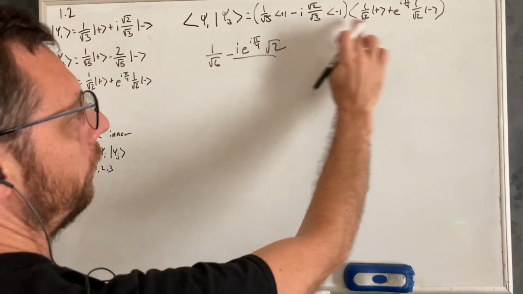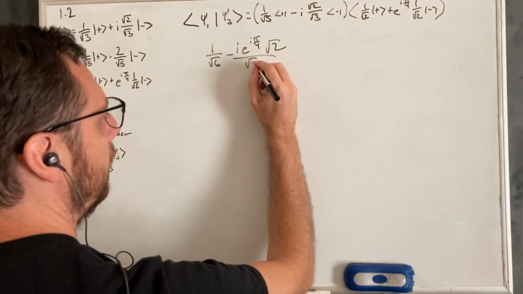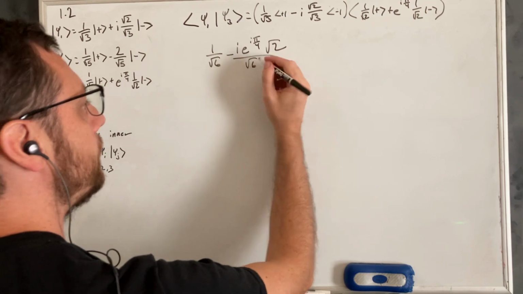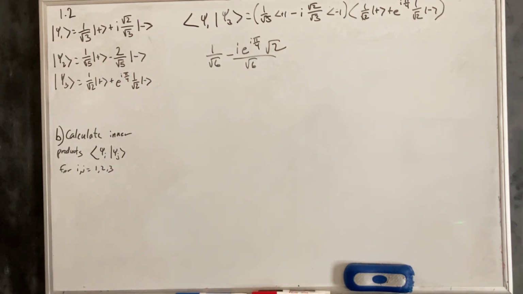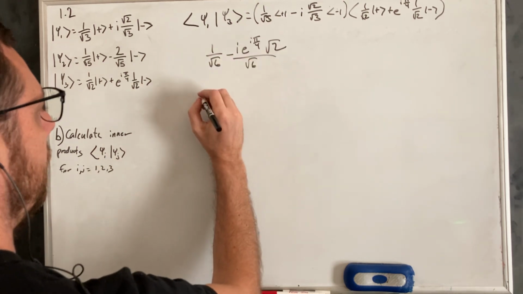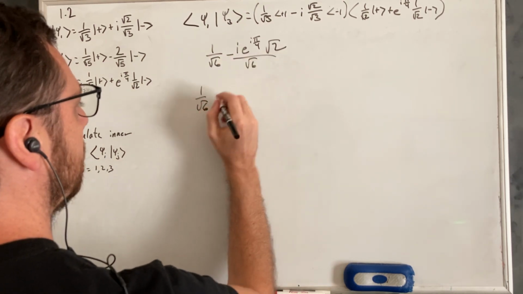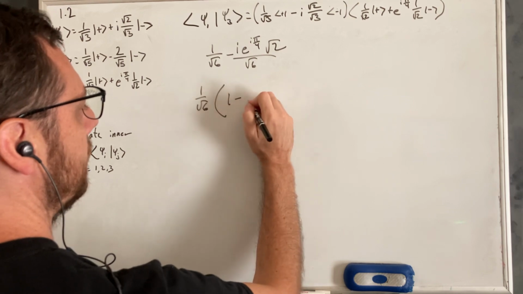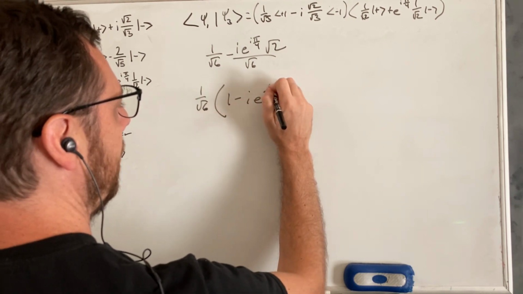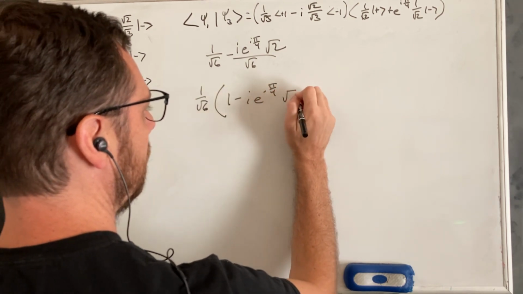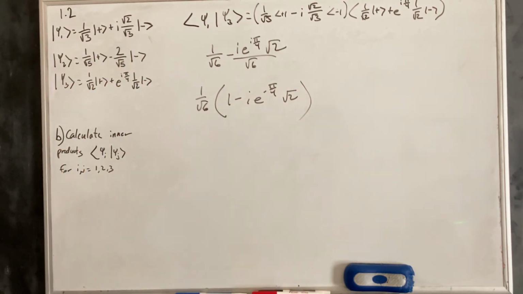And on the bottom we have a root 3 and a root 2 again to be root 6. Okay, so first we'll pull out the 1 over root 6, and then we have 1 minus i e to the i pi over 4 root 2, and we can just worry about this part right here.